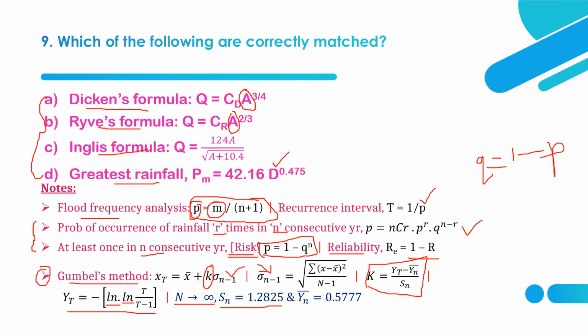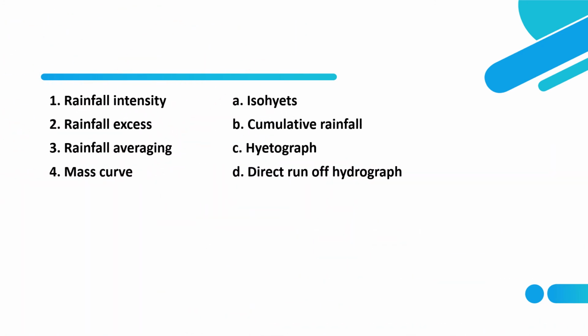Now let's see the last question, the 10th one. Match the following: how every parameter is calculated and how every parameter is presented in terms of graphs. Rainfall intensity, excess, averaging, and the mass curve. Now let's see the answer.